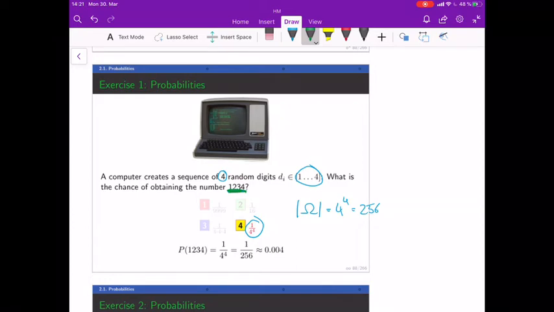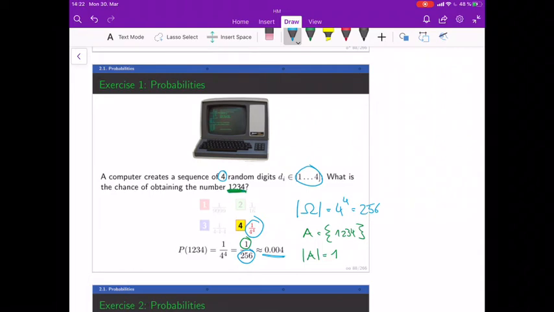Our event A basically is 1, 2, 3, 4, this one element here. That means there's only one outcome that's favorable to us, and there are 256 outcomes possible. That gives us roughly 0.4%. Okay, can you see where I'm coming from?